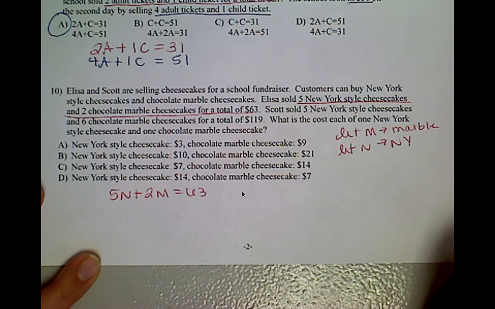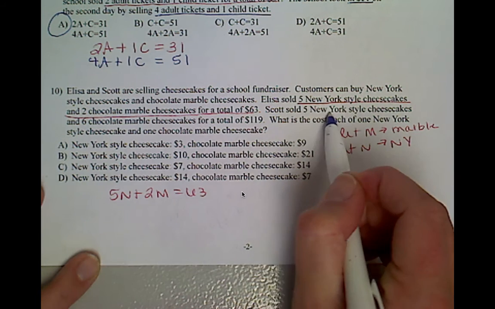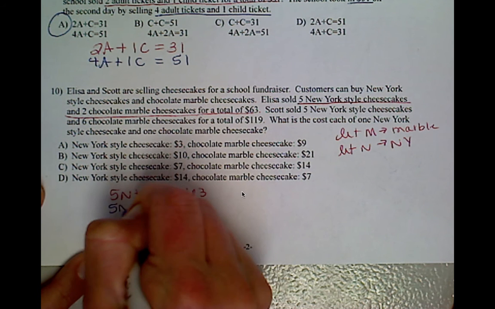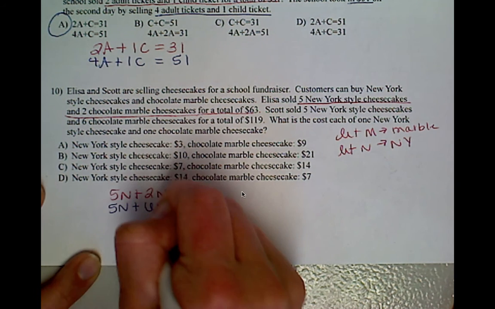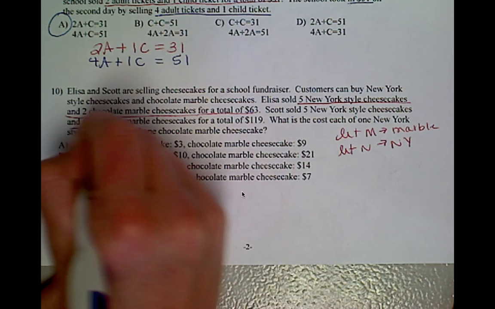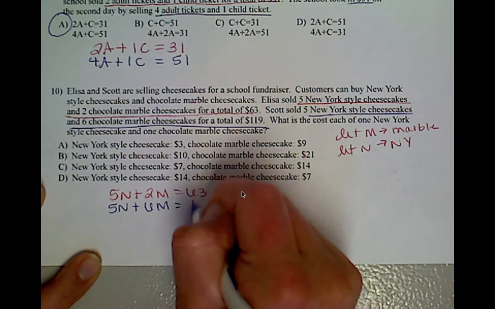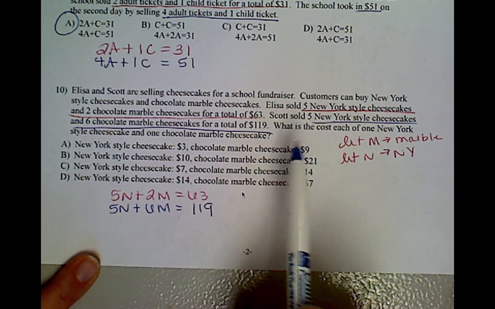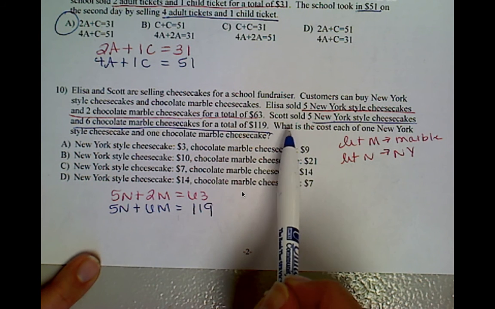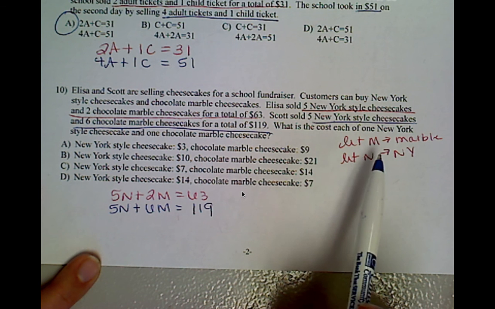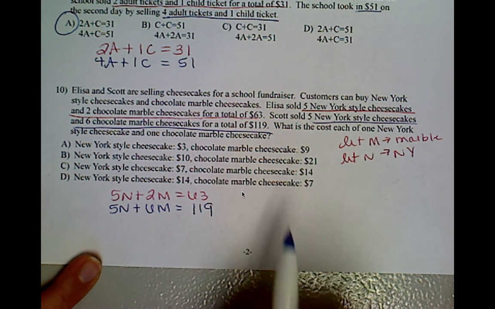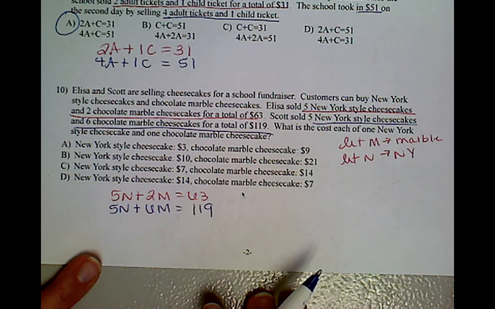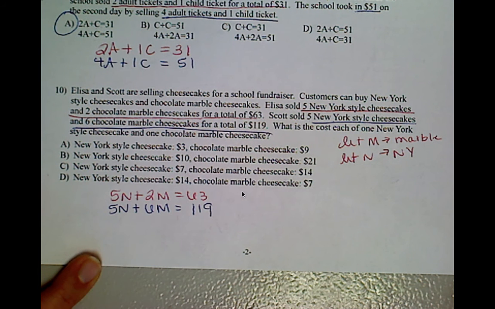So now the next one, Scott sold 5 New York, and he also sold 6 marble. And it came out to be a total of 119. Okay, now some people said I use an E and an S for Alyssa and Scott. However, the bottom question says, what's the cost of New York style cheesecake and chocolate marble? We don't even care about Alyssa or Scott. That's just what we kind of had to use in order to find the answer.